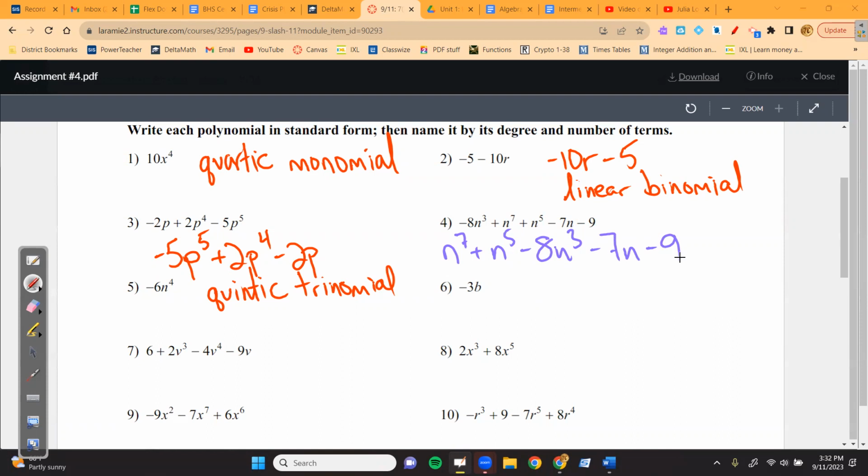So in order, we want to do degree first. So we're going to say this is a 7th degree with 5 terms. I don't like those ones. They're really boring, like when I don't get to use my fancy nerd words, but it is what it is. Thanks, Aiden, for the help there.